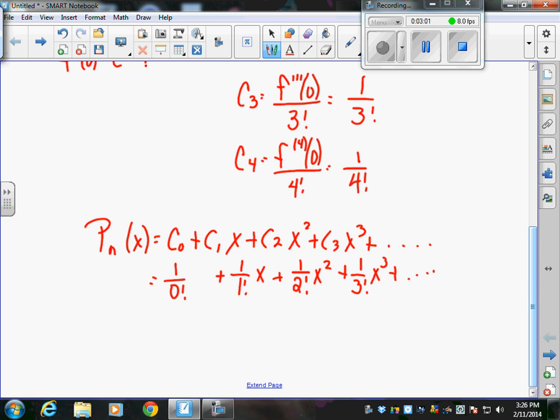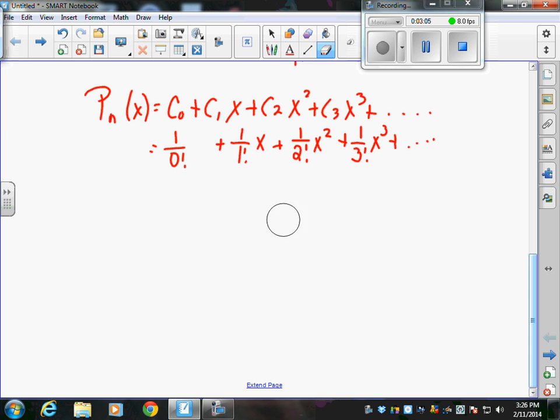Now I'm going to back up just so we can see the pattern here. These all have x's except for our first term, but remember, that could be x to the 0. Now we can write this in sigma notation, and this is what we've been practicing. So we're going to go n equals 0 to infinity. And we're going to break this up into parts.